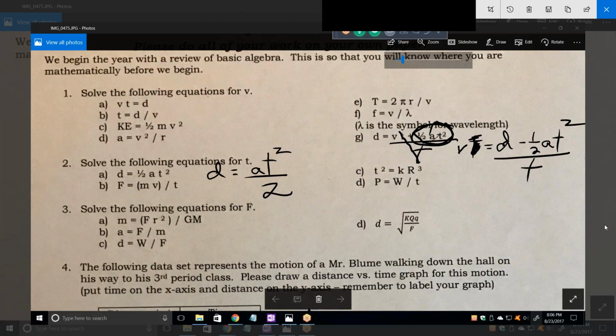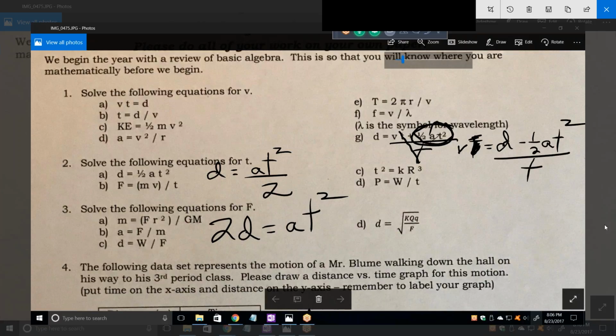Multiply by A since it's being divided. No. A is not a divisor. A is a multiplier. What's being divided? The 2. So I want to multiply by 2. So it'd be 2D is equal to AT squared.